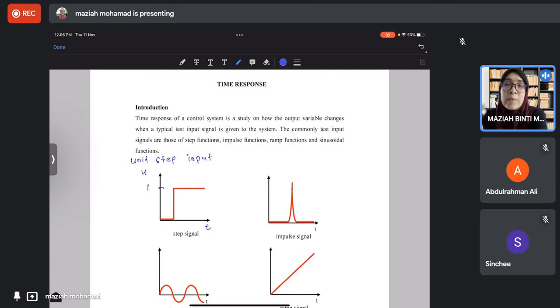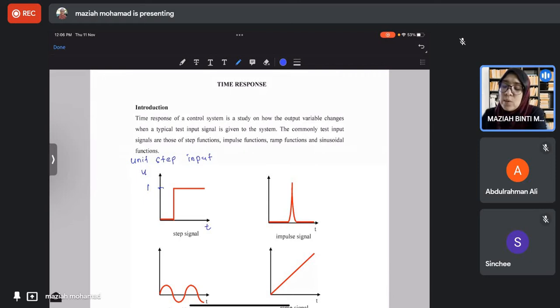If you see the input like this, we call this a step input signal. If the value is 1, we call it a unit step input. Sometimes it does not show you the value, but it just mentions unit step input, so you should understand unit step input means the input value is 1.